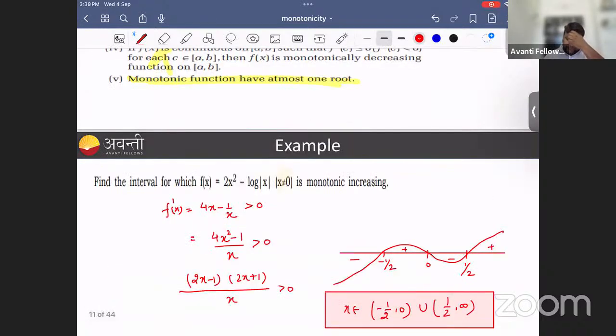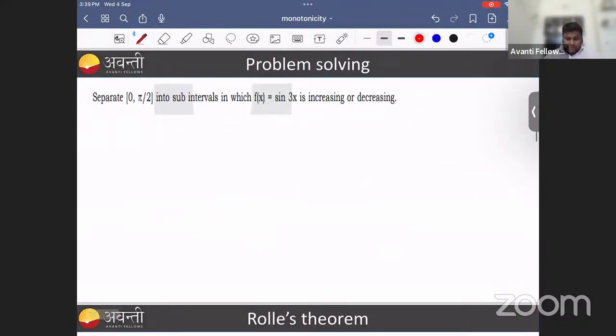Now see another simple question. Separate 0 to pi by 2 into sub-intervals into which f(x) equals sin 3x is increasing. So f(x) is given as sin 3x, which means f dash x is 3 cos 3x. Whenever f dash x is positive, the function will be increasing.